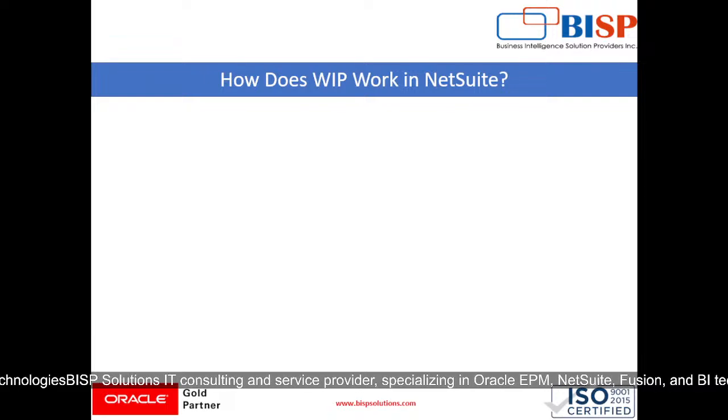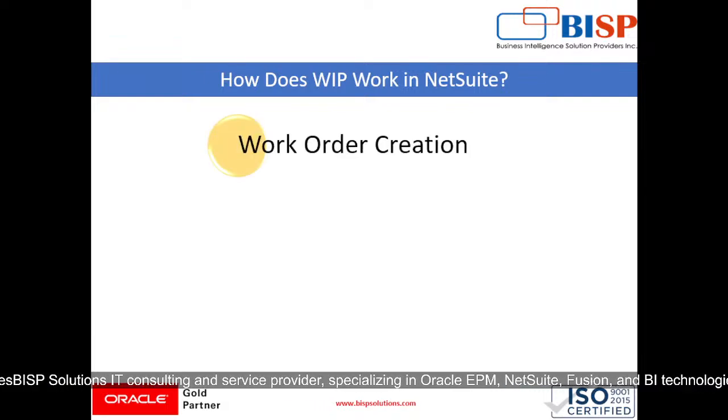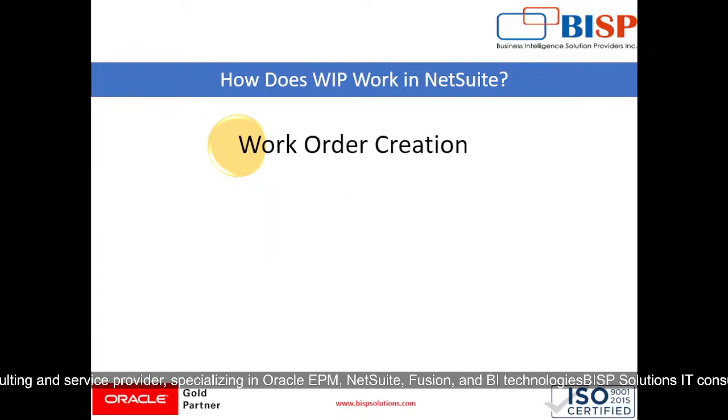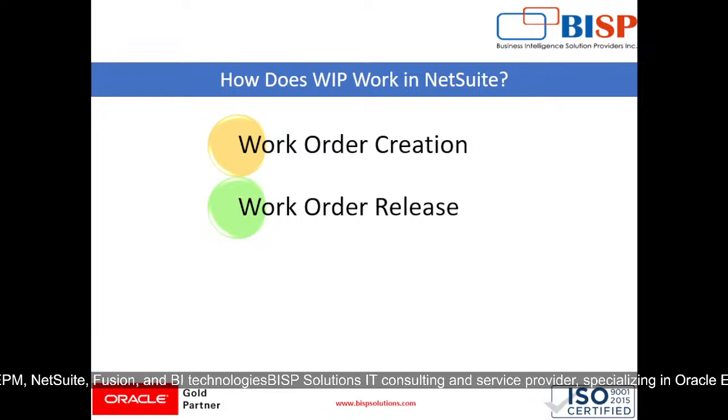So how does WIP work in NetSuite? Firstly, work order creation is done. It is created to initiate the manufacturing process. The raw materials, routing and work centers are assigned for work order creation. Then comes our work order release, which means the work order is released and raw materials are consumed as production begins.